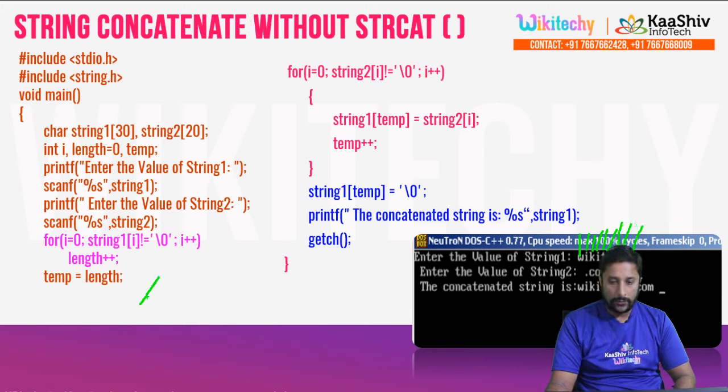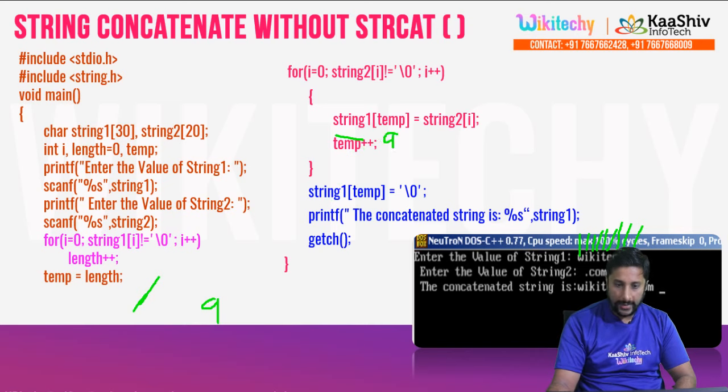So the length of the string is 9, right? Yes, it's 9. So wikidiki is 9 characters, 9 letters. That's good.